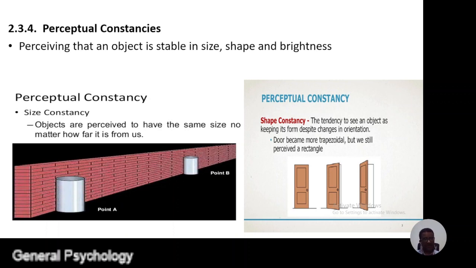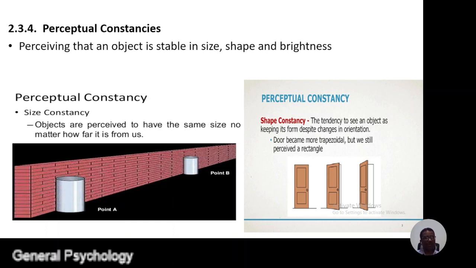For example, here we have two objects, point A and point B. Fortunately, these two objects have similar size, similar weight. But because of the distance, it seems that point A is greater than point B, but they are the same.